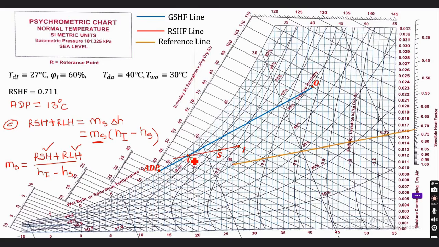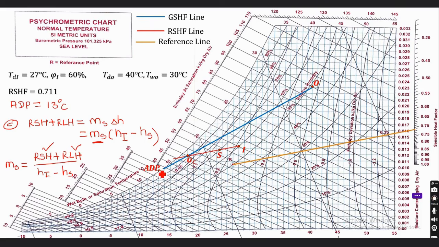If you note here, this outside air is passing over the cooling coil, right? And at the exit we are getting OC, that is 18 degrees Celsius, right? And the coil temperature is ADP, apparatus dew point temperature, that is 13 degrees Celsius, right? Now if the bypass factor is 0, for example, then the outside air condition may be equal to the apparatus dew point temperature or cooling coil.